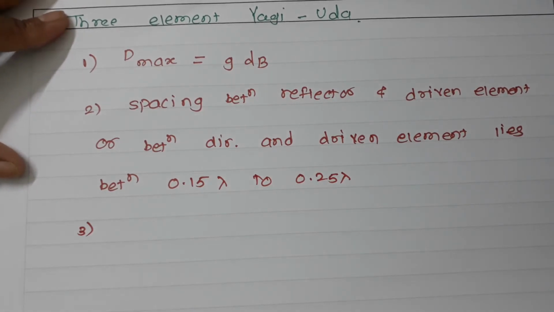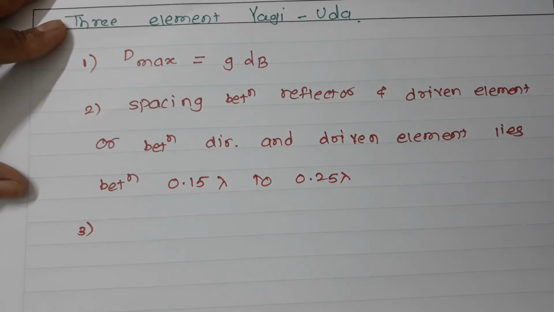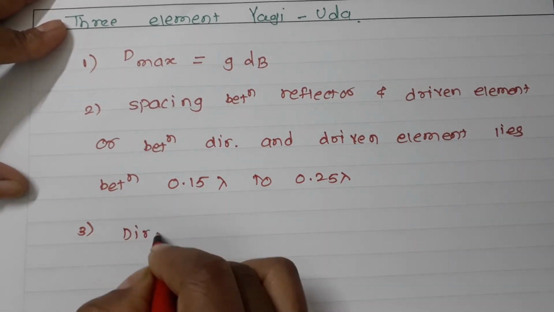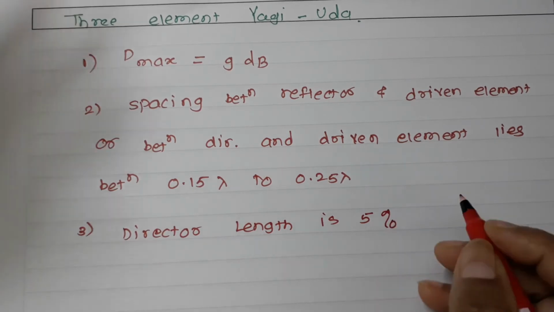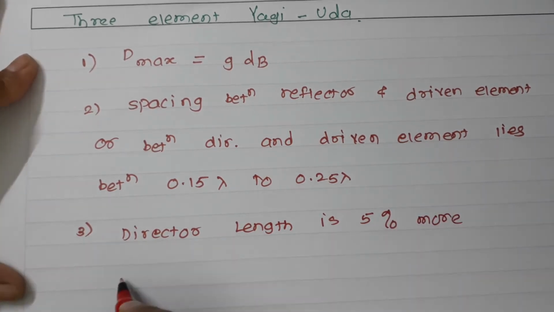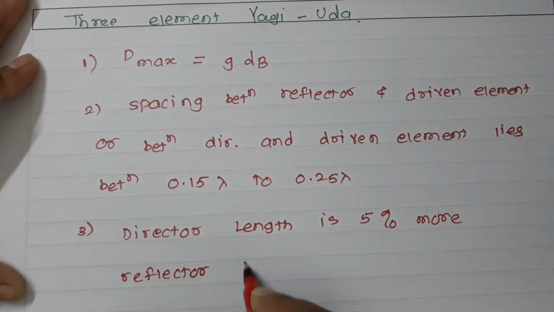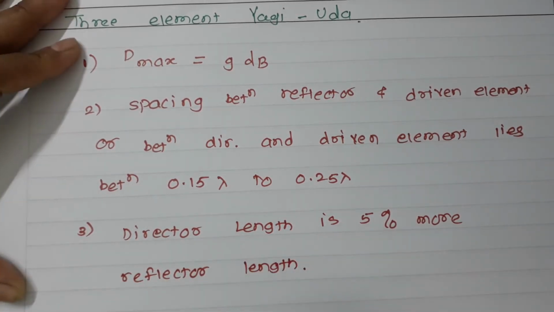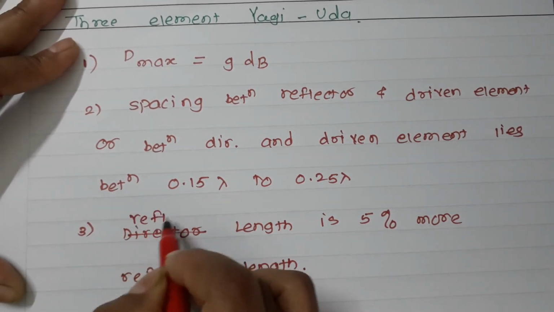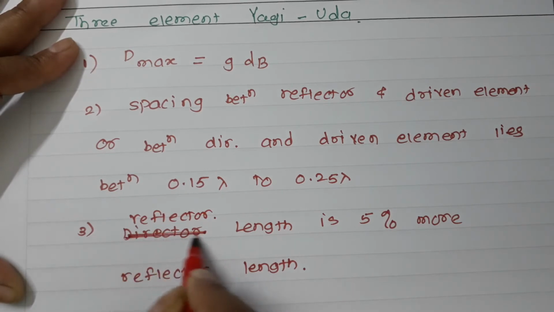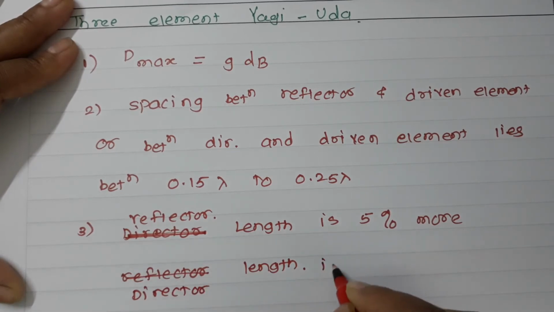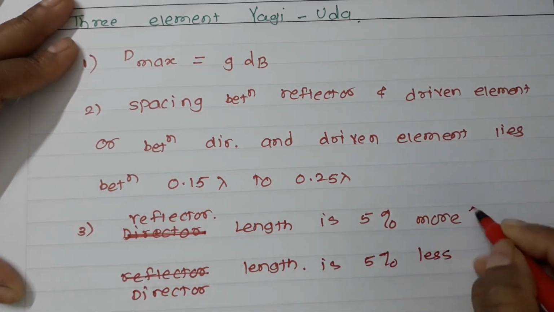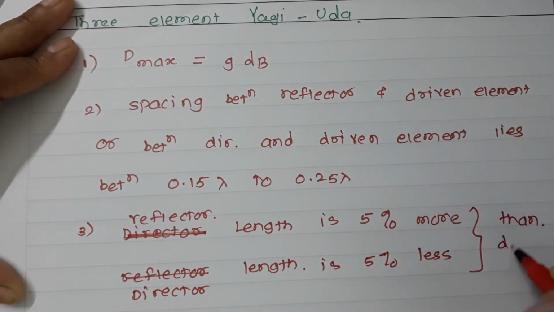So typically the reflector length is 5% more than the resonant length of the driver, and the director length is 5% less than the driven element. So the reflector length is 5% more than your driven element, and the director length is 5% less than the driven element.